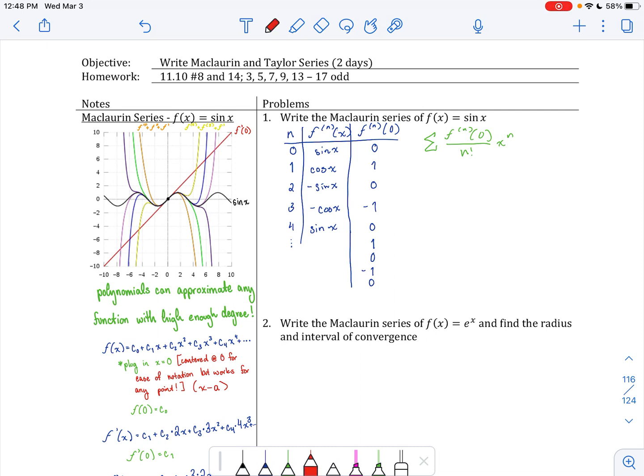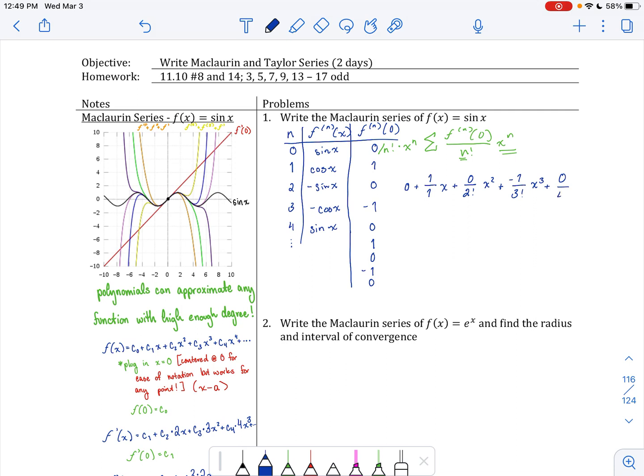So in our polynomial, if we wrote it all the way out, we are going to have the first term, that's this one here, 0, plus 1 over 1 factorial x, plus 0 over 2 factorial x squared, plus negative 1 over 3 factorial x to the third. Because remember, these two are just matching. When we write our term, we divide by n factorial times x to the n.